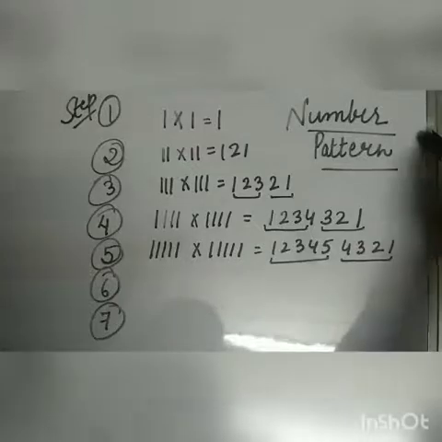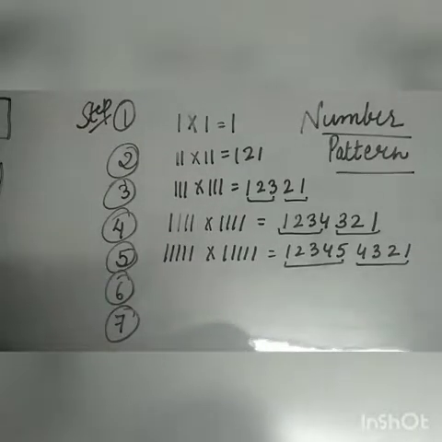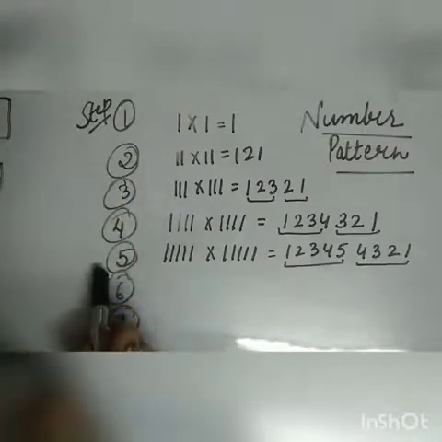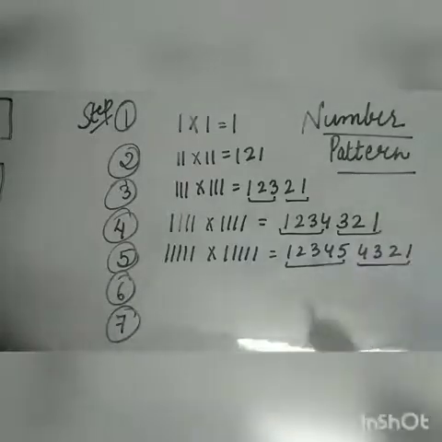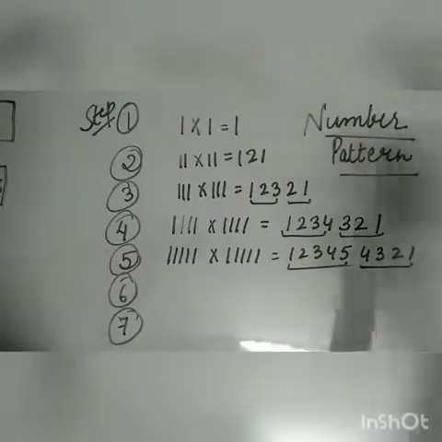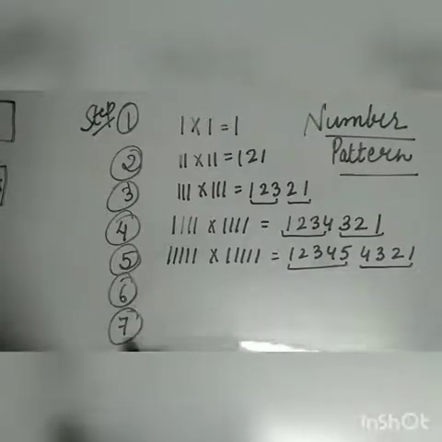To solve the problem of number pattern, we need to observe the rule being followed in the pattern. And to find the rule, we need to see a few steps or numbers in the series. Here, we have to observe the pattern and answer what we will write at step number 6 and step number 7.